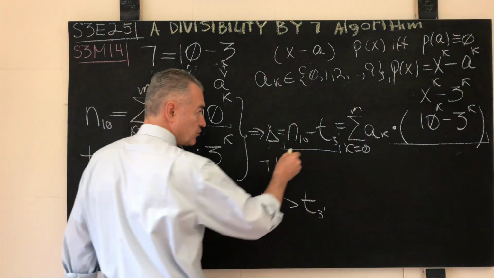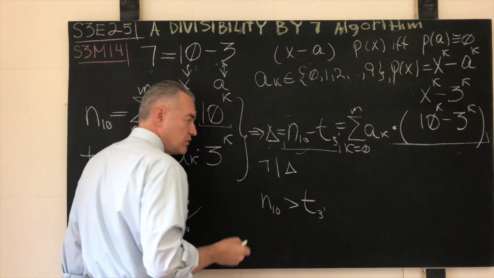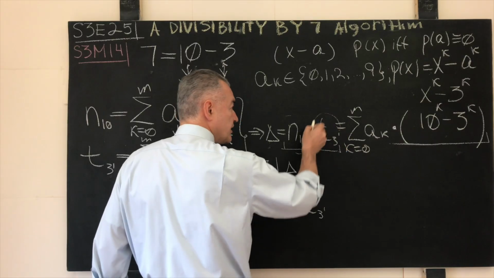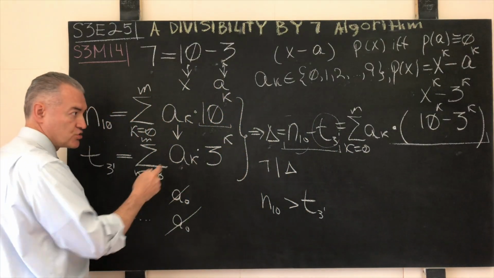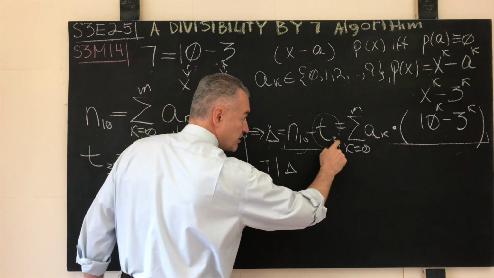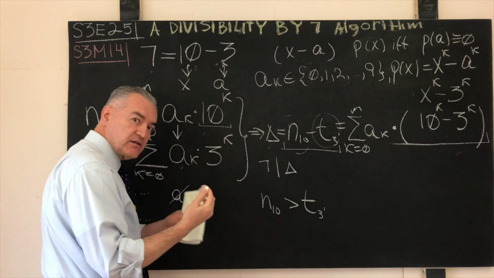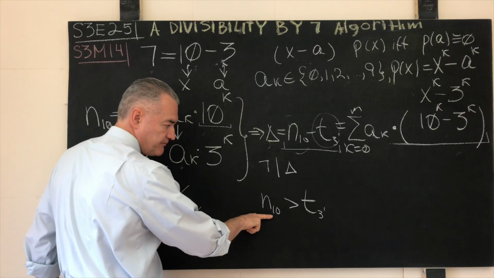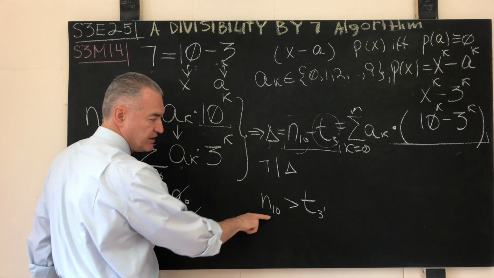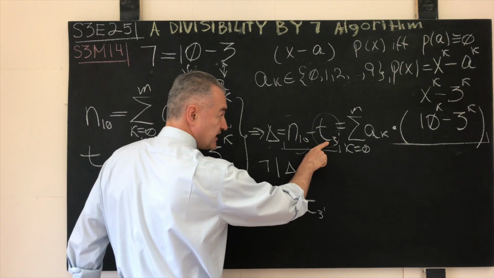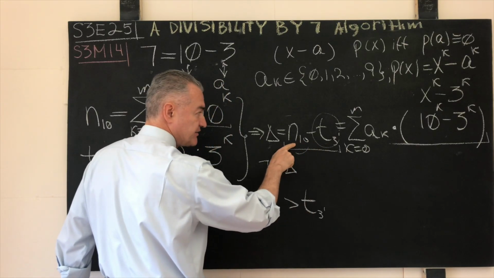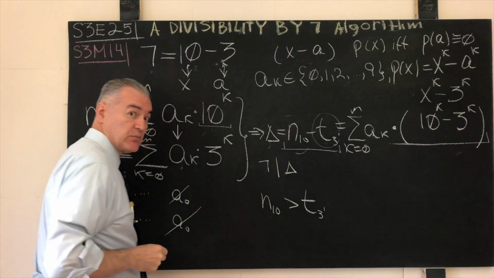Instead of fighting the fight with the difficult to solve problem, we fight the fight with its smaller representative, because, as we just showed, the number t3 prime carries the technical DNA of the number n10, in other words, the divisibility of the number t3 prime is exactly the same as the divisibility property of the original number n10.